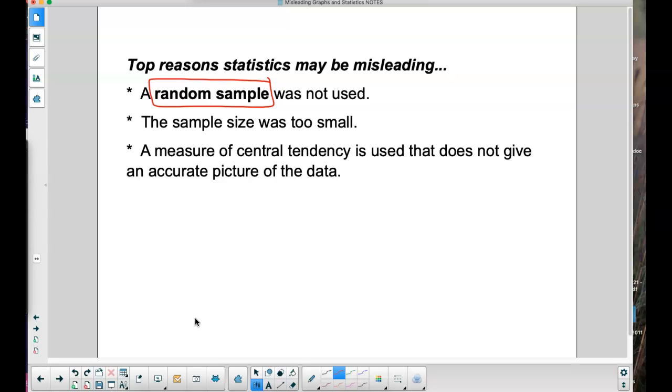Now if a random sample wasn't used, that means if I want to find out people's favorite sport, I should go stand outside the Twins game after a Twins game and ask people. Why wouldn't that be a good idea? Because it depends if they won or not. Kinda.